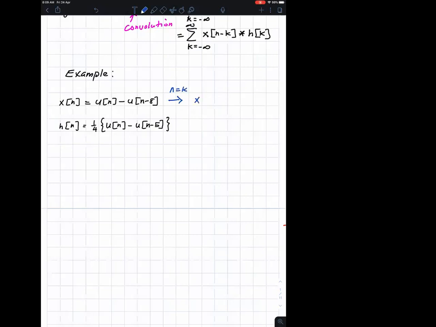So therefore x[k] becomes u[k] minus u[k minus 8]. And that's one signal. On the other signal, you replace the n with n minus k.